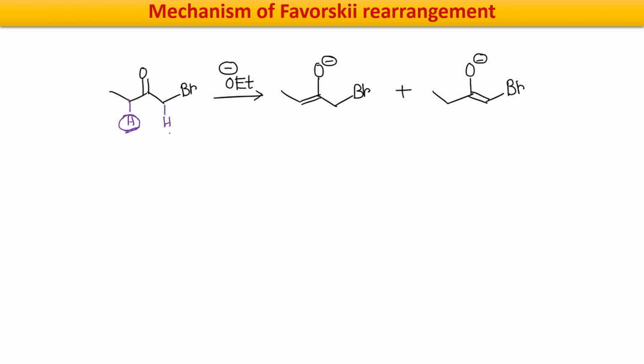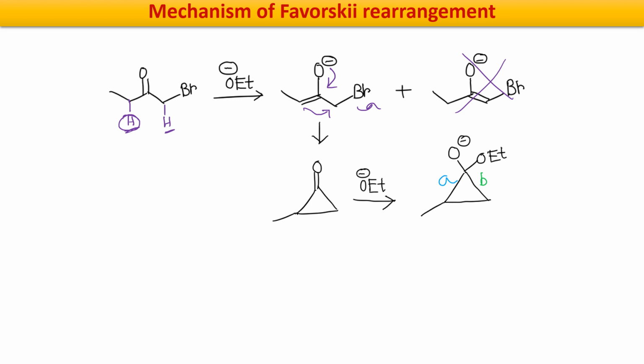If you are removing the second hydrogen, you will be getting the second enolate. But only from the first enolate the cyclopropanone generation is possible. So we are not interested in the other enolate, though that is another possibility. Our interest will be only on this enolate, right, from where you can get the cyclopropanone.